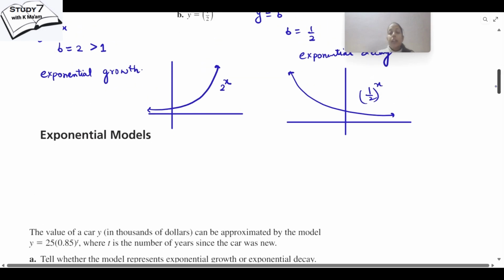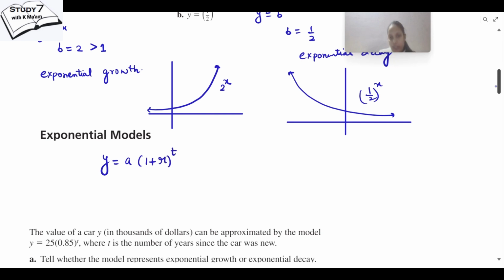Exponential models. Now we have to learn how models look. There are two types of model, growth model and decay model. In the growth model, your function will be y equals a times (1 plus r) to the power t. In the decay model, y equals a times (1 minus r) to the power t.